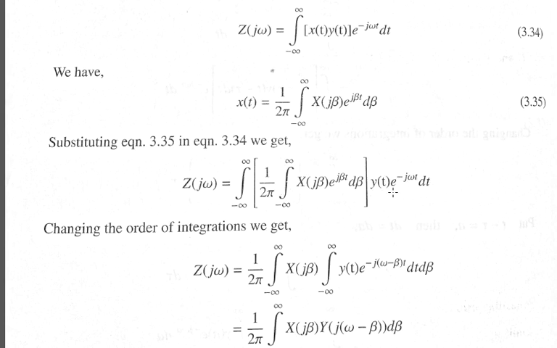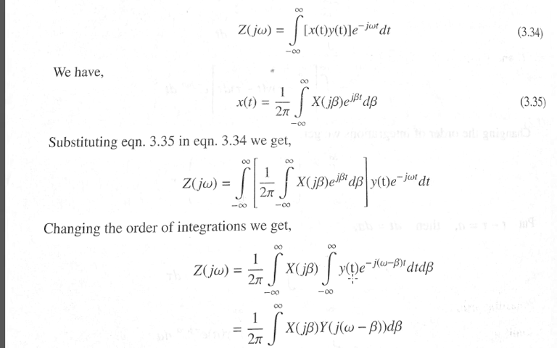With this we have to simplify all this, so that we can write it in the form of the convolution equation. In this 1 by 2 pi, X(j beta) is nowhere related to t. This integration with respect to beta we take first, and then the integration with respect to t.